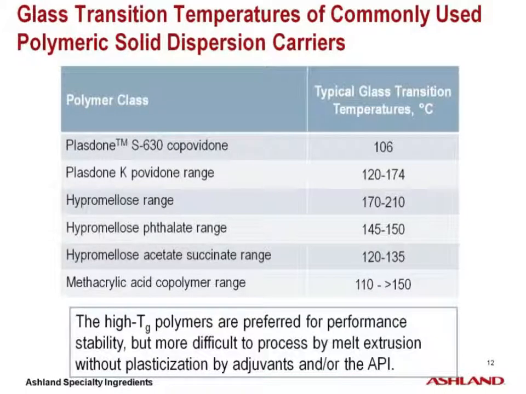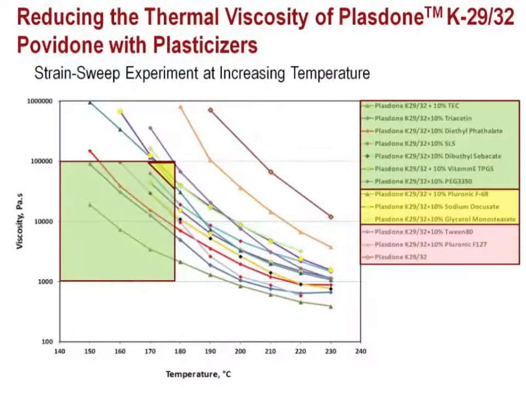On the other hand, Povidone, Copovidone, low molecular weight Povidone, and some grades of the methacrylic acid copolymers can be extruded very easily. Here is an example to show that the melt viscosity of unextrudable Povidone K29/32 can be reduced by the addition of plasticizers.